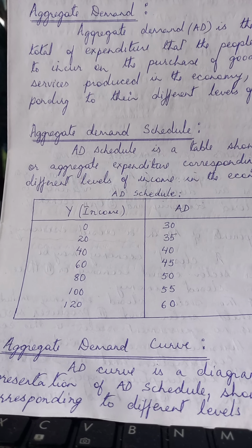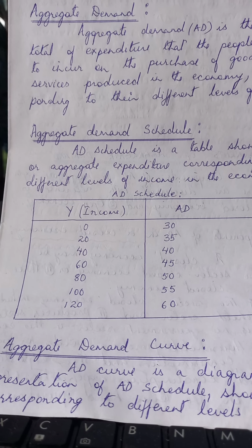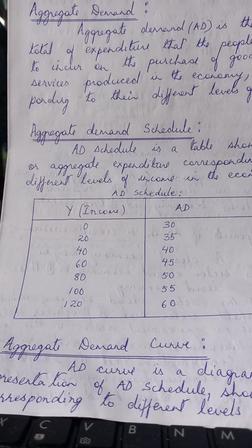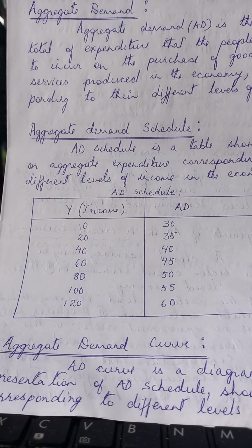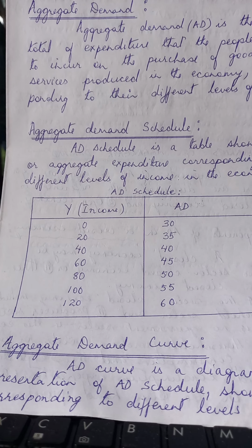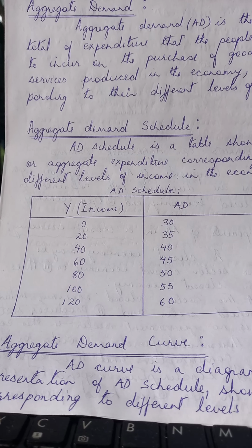So at this particular point of time, you wish, you want, you desire a mobile. Your desire for that mobile can be converted into your demand only if you have enough money with you to buy that mobile.